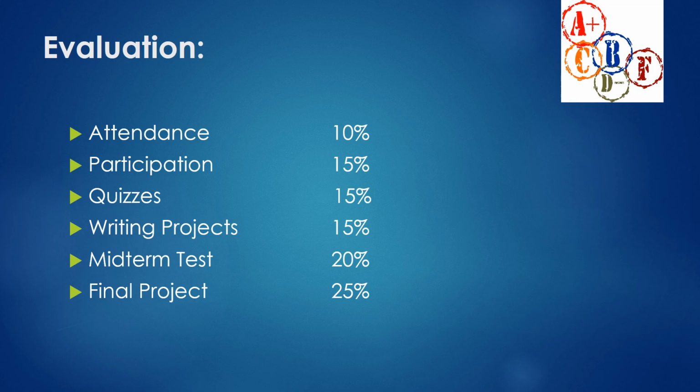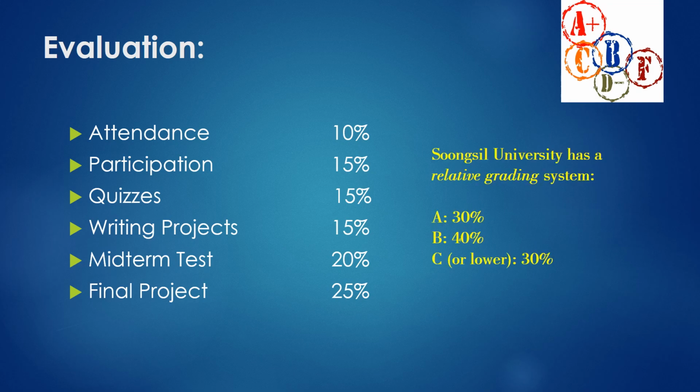Now, please remember that Sungshil University has a relative grading system, which means I have to give your grades related to the other students in your class. And the A grade, only 30% can get the A grade, 40% for the B grade, and then 30% for a C or lower.